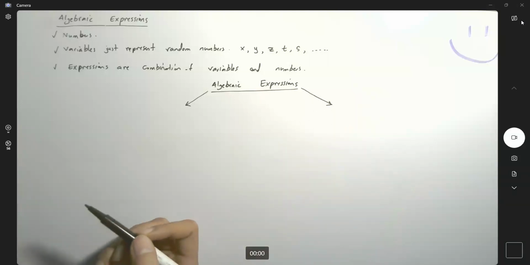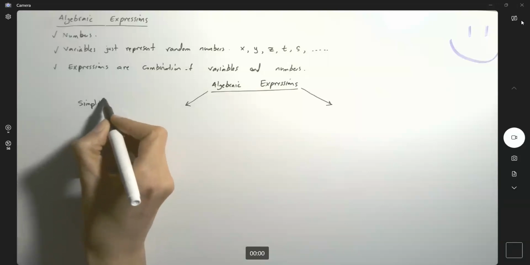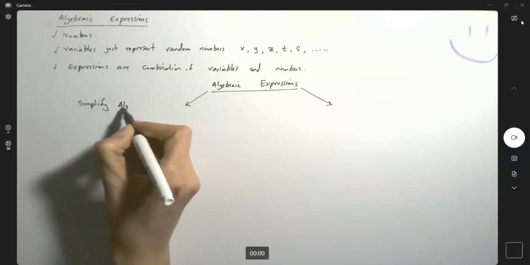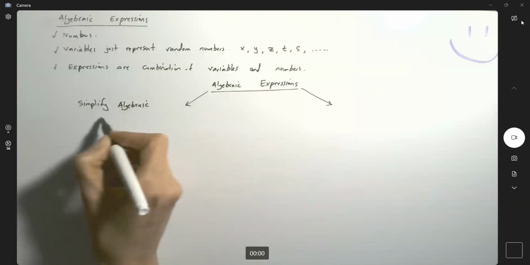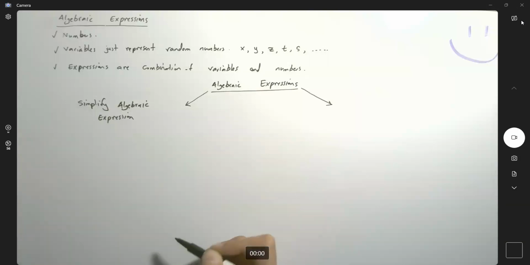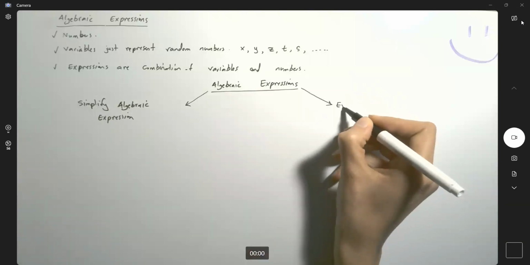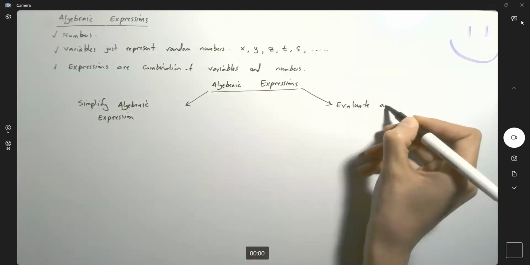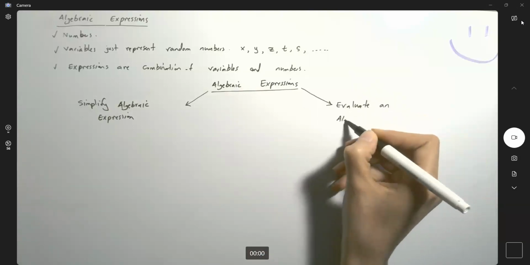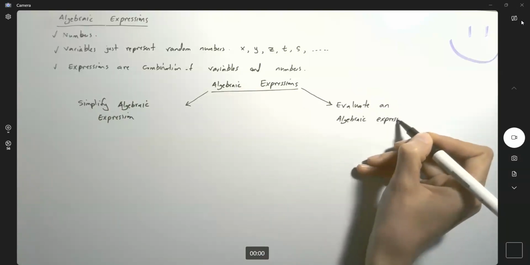The very first task is to simplify algebraic expressions. The second task might be asking you to evaluate an algebraic expression. So what's the difference between them?